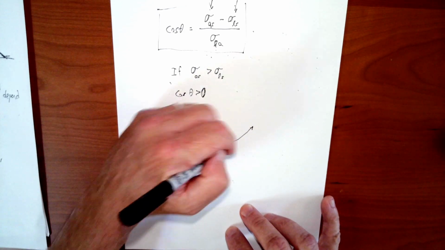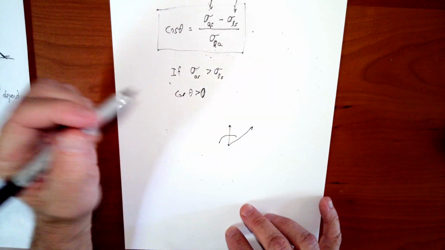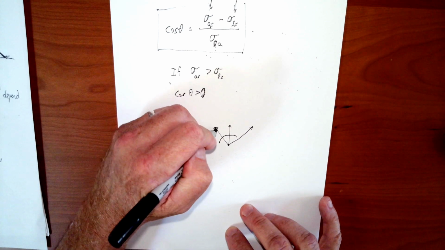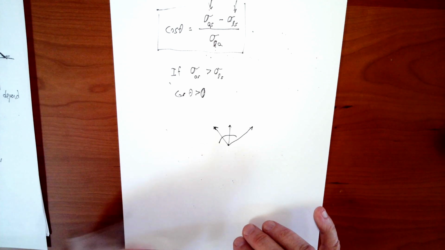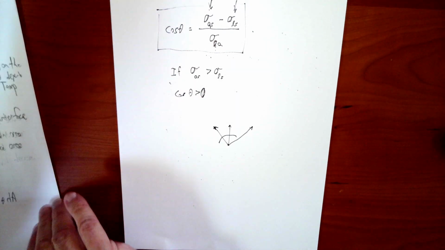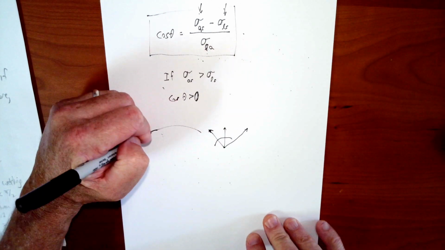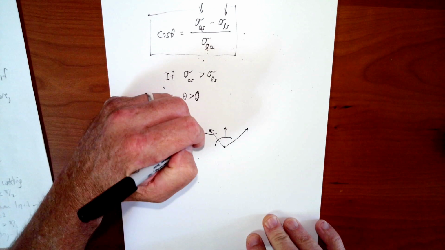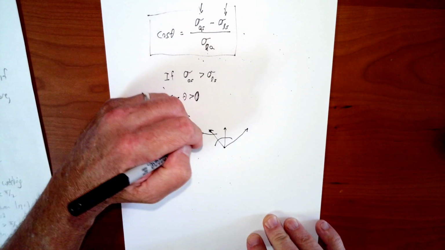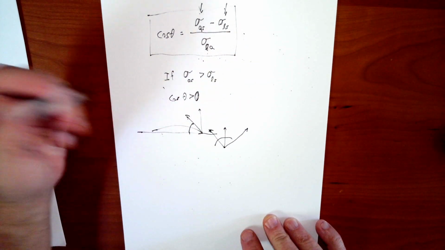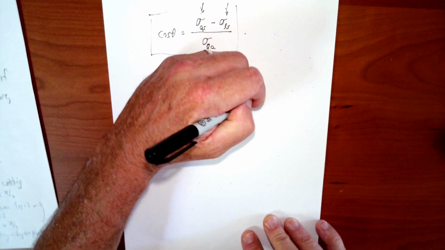A cosine greater than 0 means you've got the small angle there, less than pi over 2. So here's my droplet, with an angle theta whose cosine is a greater than 0 number, and that leads to a wettable surface.